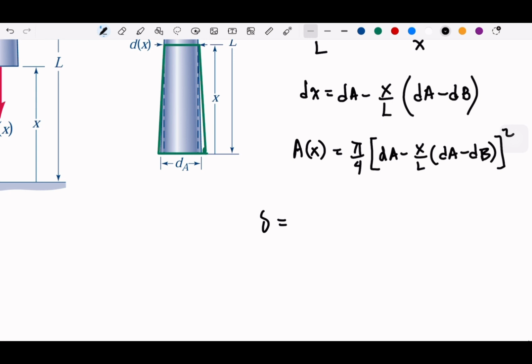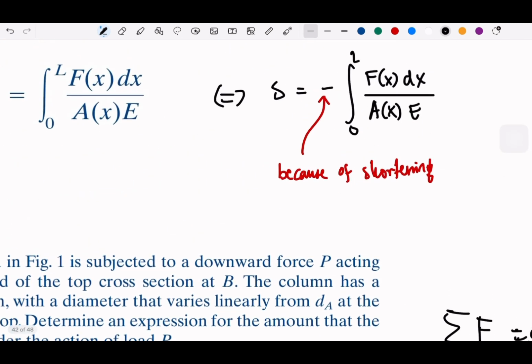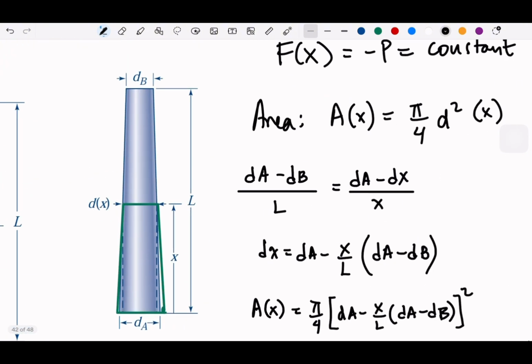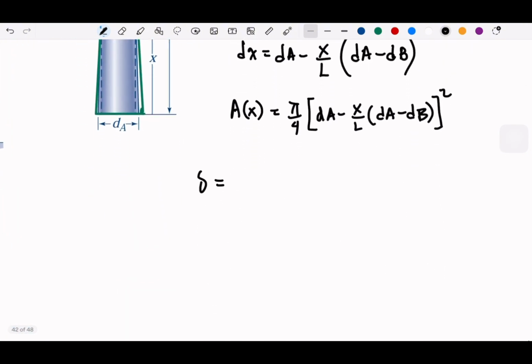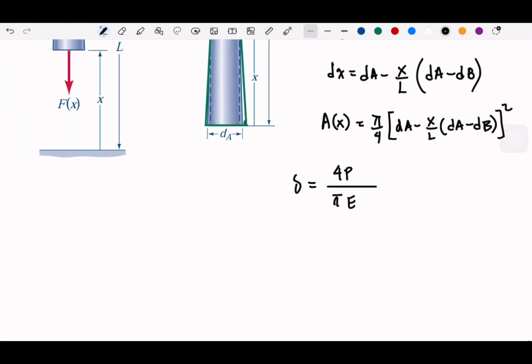We are going to generate the area A, and since P is constant, we can write this as 4P over pi E. Well, let me just write what we have actually.